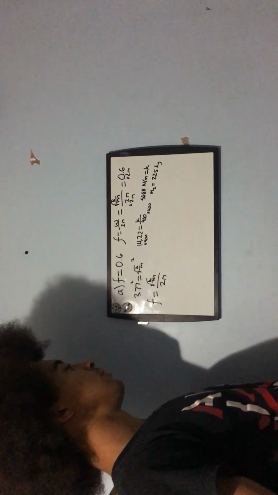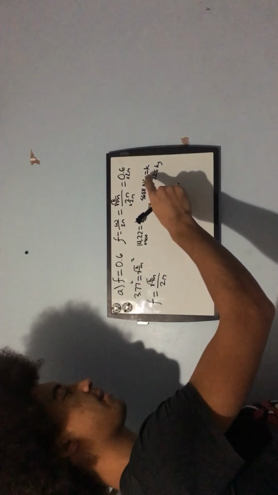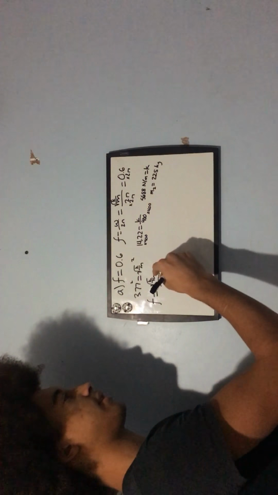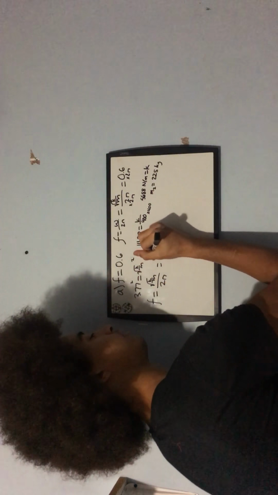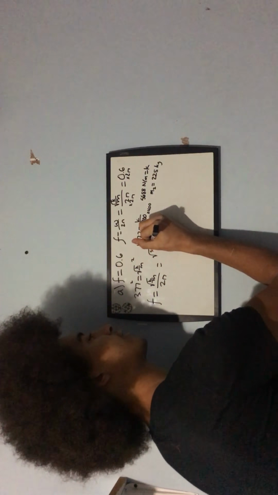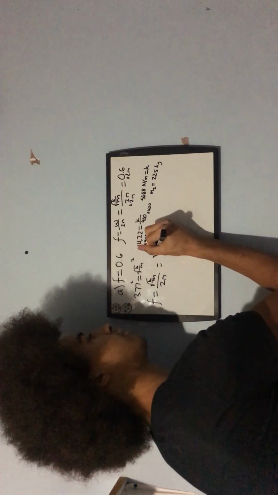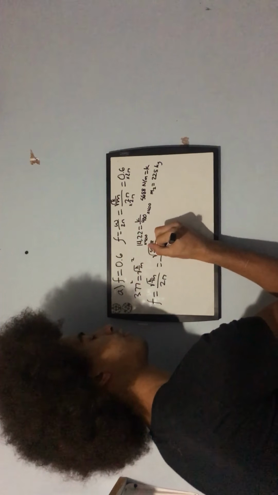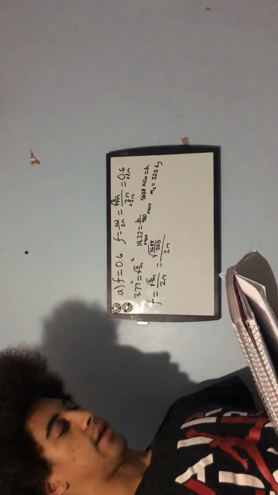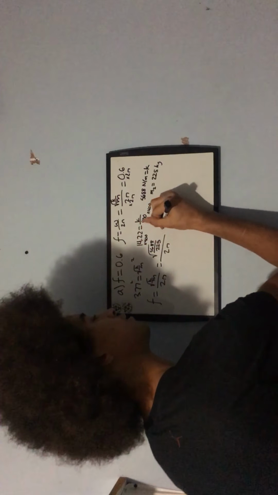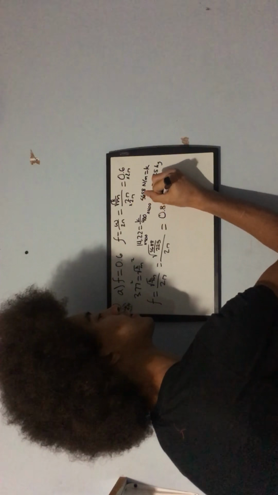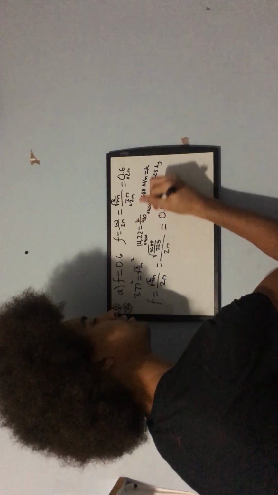And so we plug in k and this mass into here. So we'll have root 5688 over 225 all over 2 pi. And we'll end up getting 0.8 hertz for the frequency.